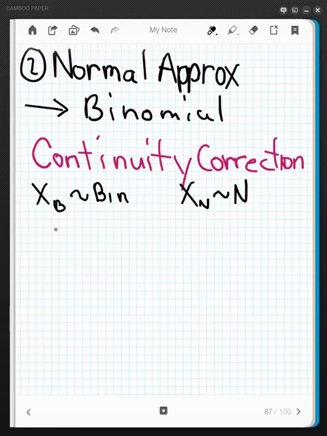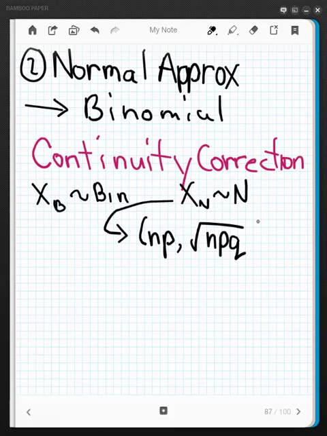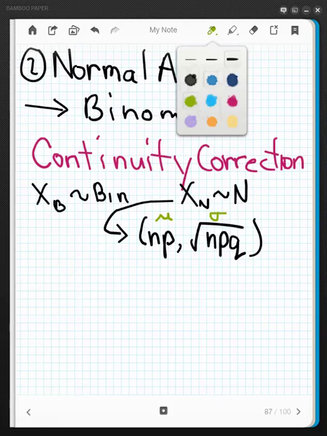Now, under the normal assumption, these x's are now assumed to have a mean of n times p and a standard deviation of the square root of n times p times q. Remember that this is our mean for the normal approximation, and this is the standard deviation for the normal approximation.